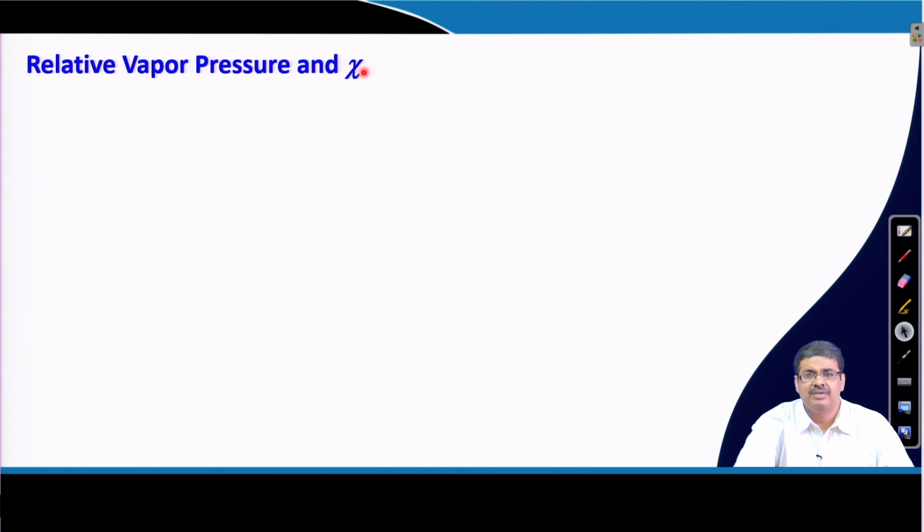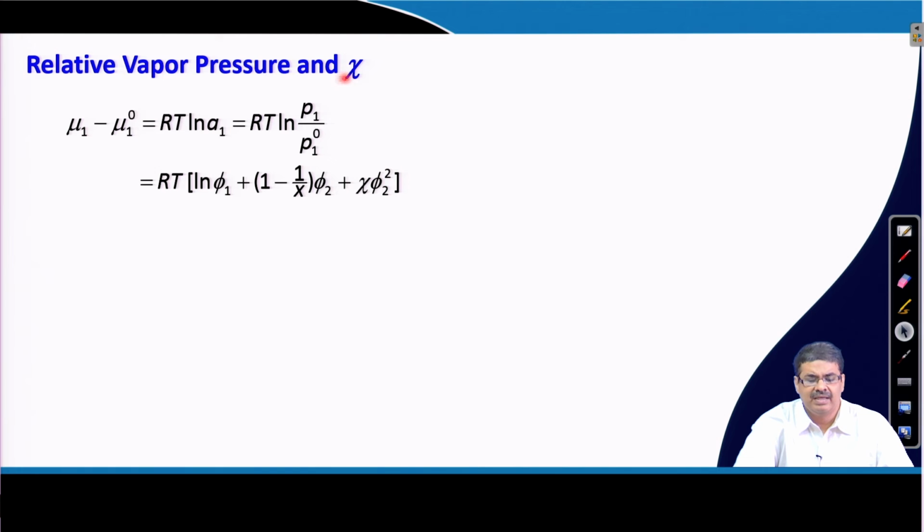This helps us to determine the value of chi. We go back to the original equation of mu minus mu i naught, and we can write this expression from Flory-Huggins theory. If the polymer molecular weight is large, then this will also be large.